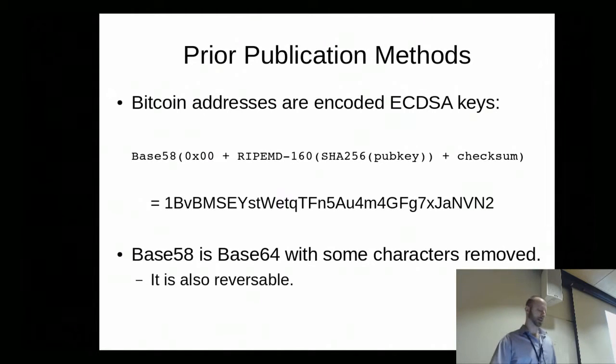Basically, instead of calculating that RIPEMD output, you just set your 20 bytes to be that, calculate the checksum, prepend the 0 byte, base 58 that, and there you go. You've got a Bitcoin address that appears to be valid. The network doesn't know that it's invalid. It just sees that address and says, okay, the checksum's valid, so okay.